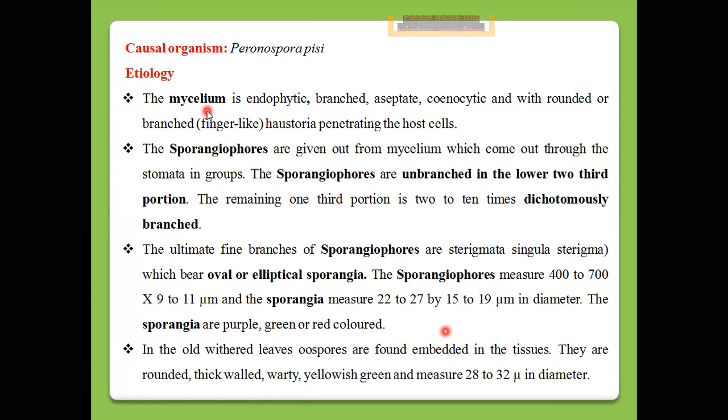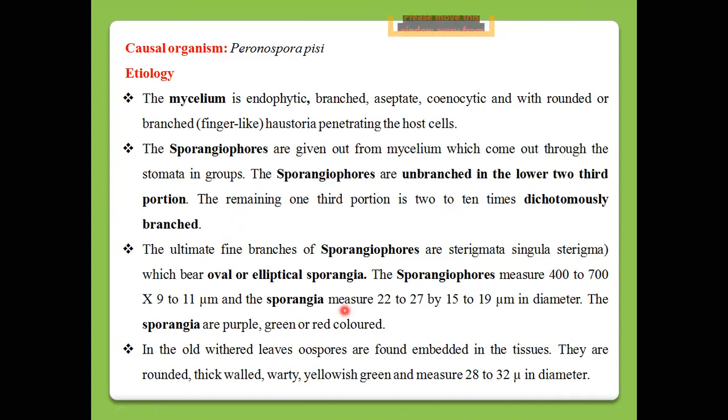Okay, so the mycelia is sinuous and develops the sporangiophore. These sporangiophores are unbranched in the lower two-thirds portion, and the remaining one-third portion is dichotomously branched 2 to 10 times. Means the sporangiophore is unbranched up to the three-fourths portion, and the sporangia are attached at the sterigmata.